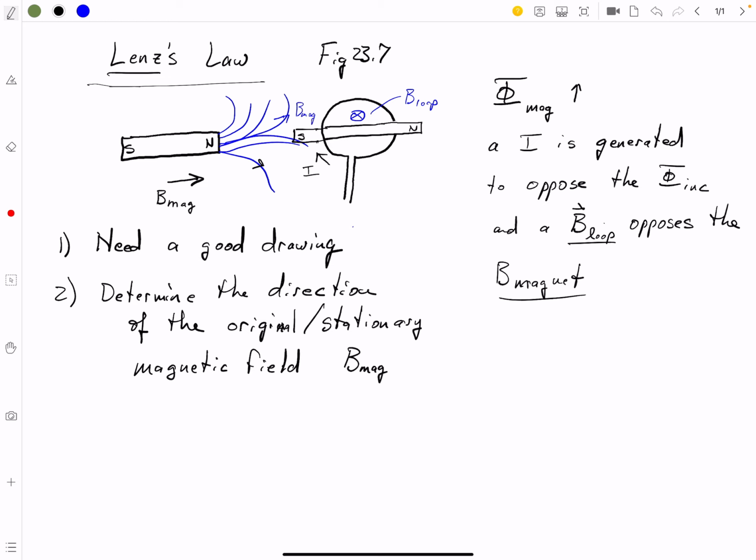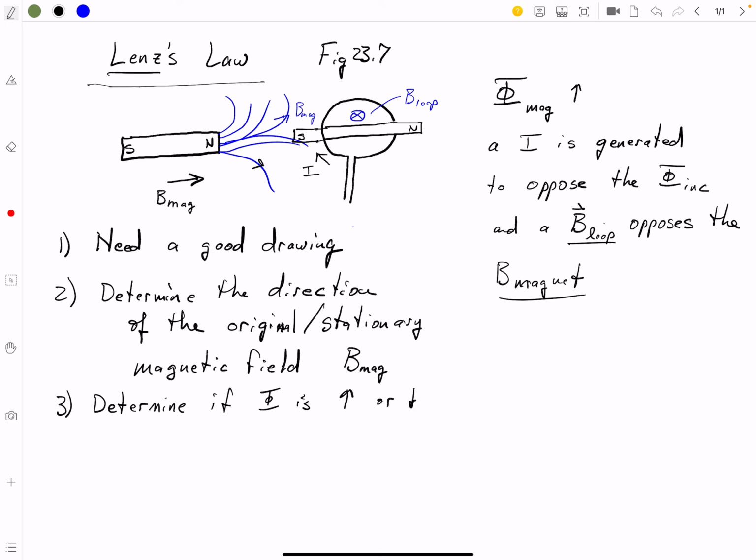Then, third, determine. I want to say figure out, but determine is a better word. Figure out if your magnetic flux through the loop is increasing or decreasing.